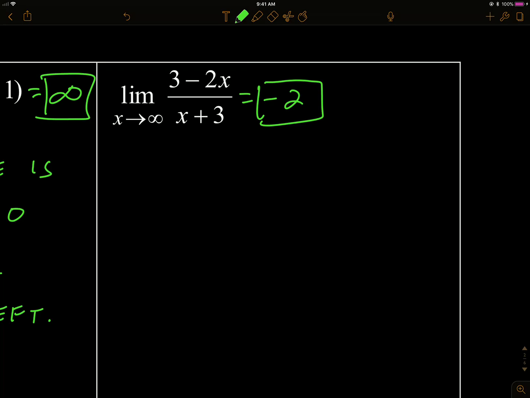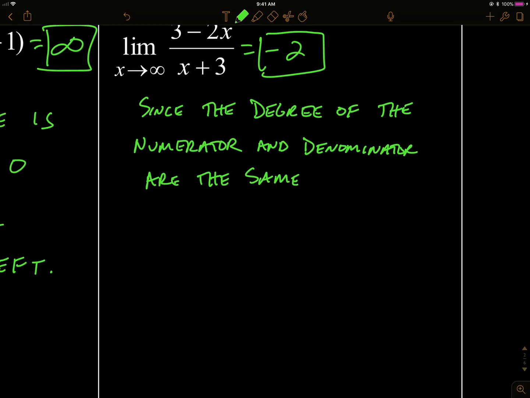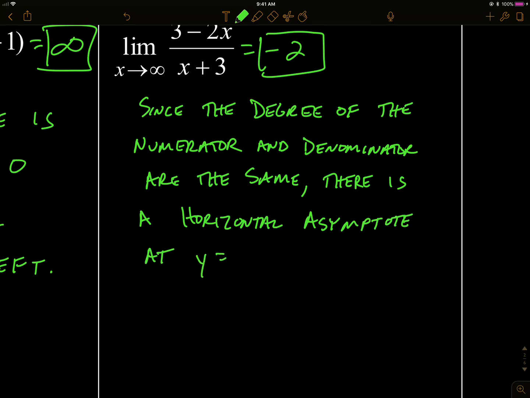Well, in a rational function, I'm going to say since the degree of the numerator and denominator are the same, there is a horizontal asymptote at y equals negative 2 over 1.